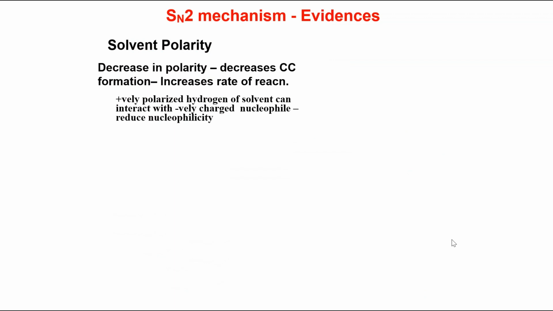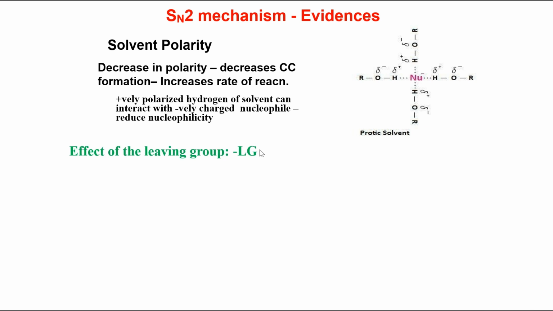The polar solvent also decreases the nucleophilicity. Hence, it decreases the rate of the reaction. As the polarity increases, the rate of reaction decreases, which indicates that the intermediate formed is not a carbocation, meaning the attack has taken place from the backside. It is an indirect evidence given in support of the mechanism proposed.